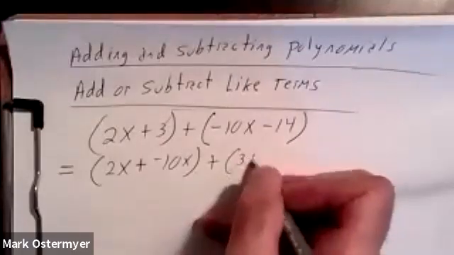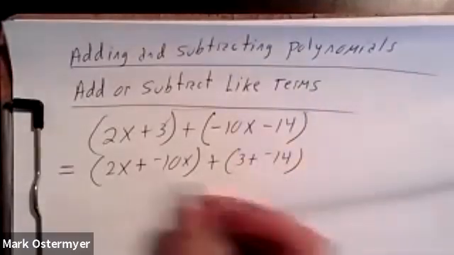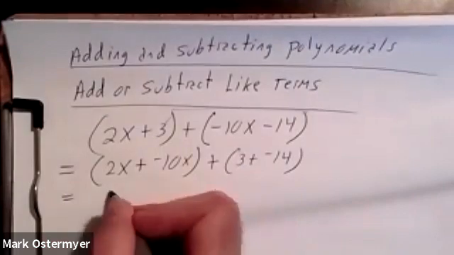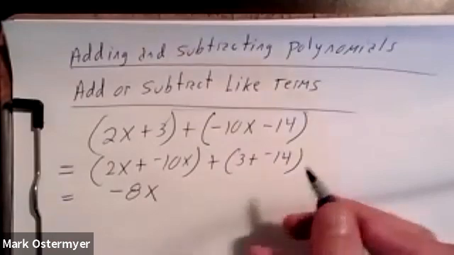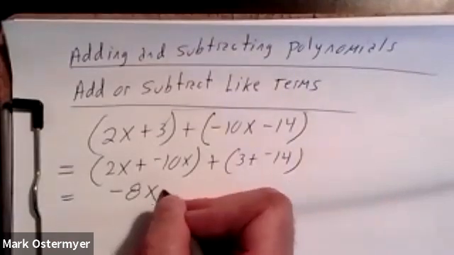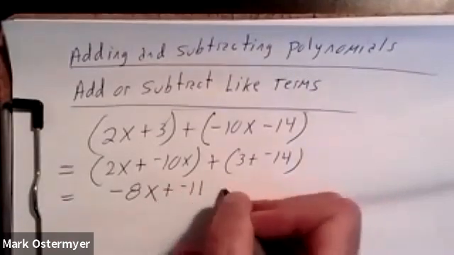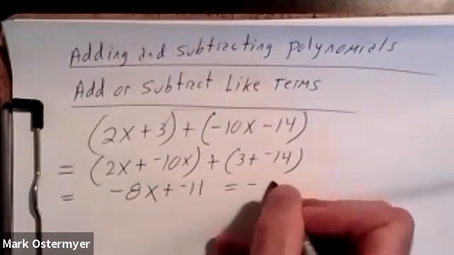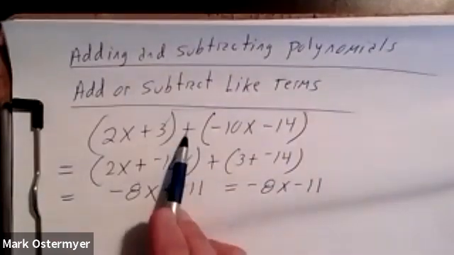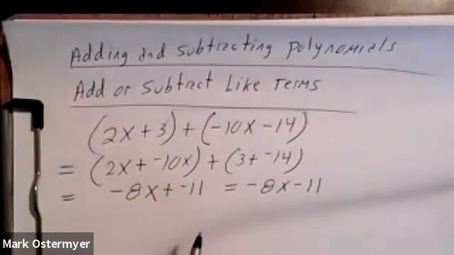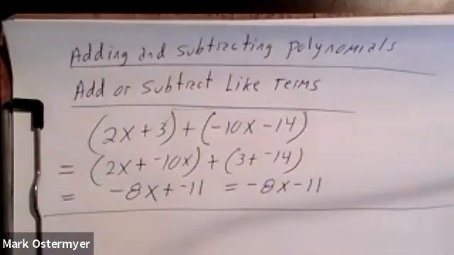We got a 3 plus a negative 14 here. 2x plus a negative 10x is negative 8x. 3 plus a negative 14 is negative 11. So negative 8x minus 11 would be the sum of these two binomials. Any questions how we just added those binomials together? Okay.